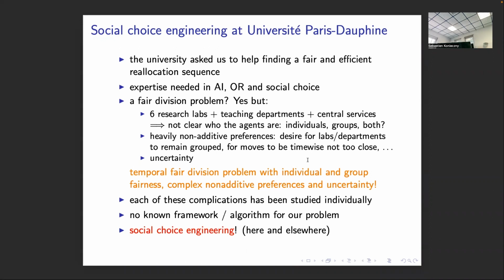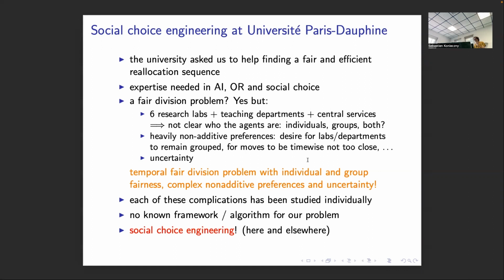It's not the same to move in 2022 and move back in 2025, or to move twice in 2024. And of course there is uncertainty, time uncertainty especially. So this is a temporal fair division problem with individual and group fairness, complex non-additive preferences, and uncertainty.